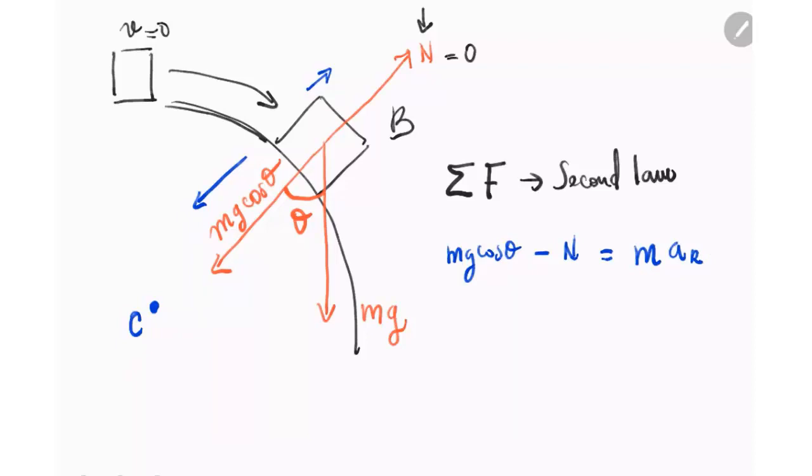But we remember that at this point the particle leaves the sphere, so the normal force becomes zero just at that point. Because the normal force becomes zero, this equation, which we are going to call equation number 1, becomes mg cosine of theta equals the mass multiplying the radial acceleration.